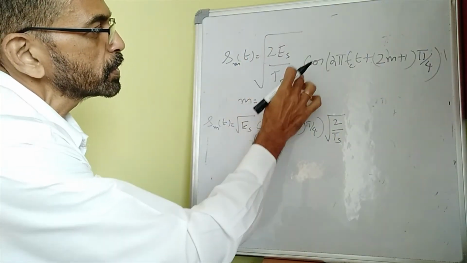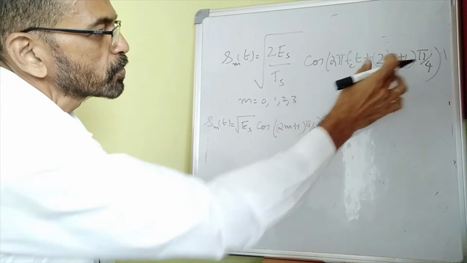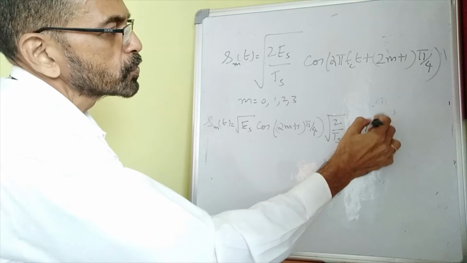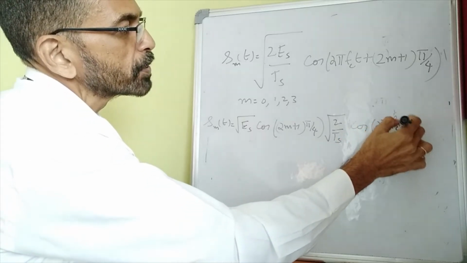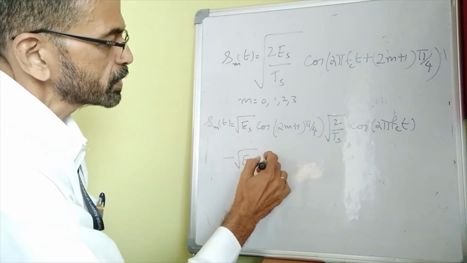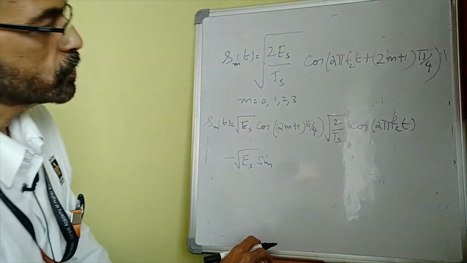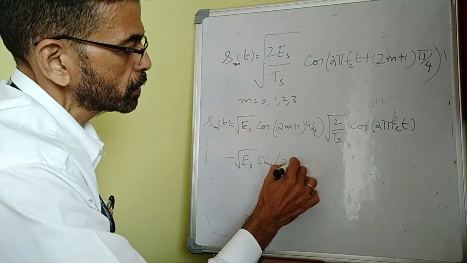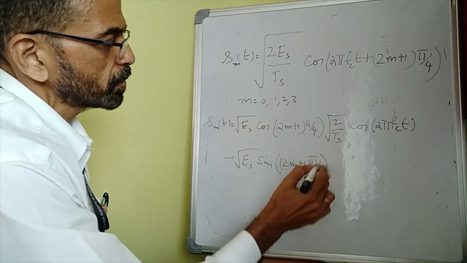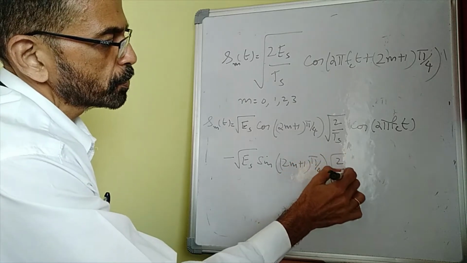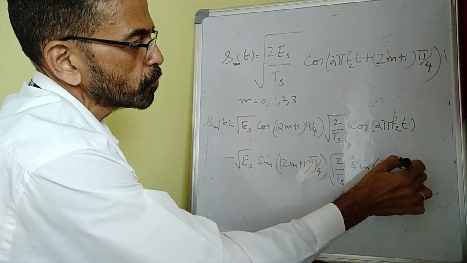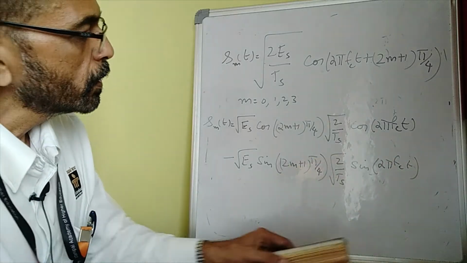I am splitting this into two: root Es I am associating with one of the terms of the expansion, and root 2 by Ts with the other.